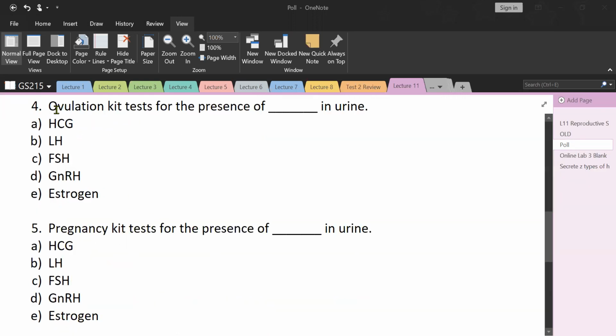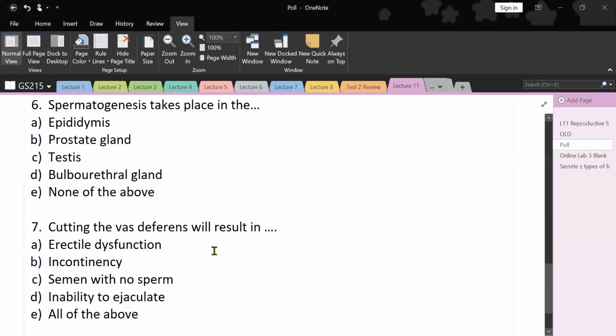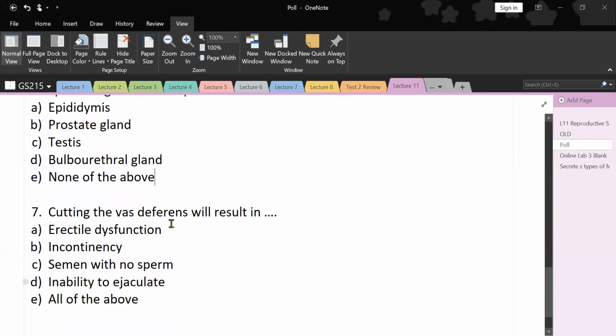Ovulation kit detects LH. Pregnancy kit detects HCG. Remember, the LH surge is the one that will trigger ovulation, the release of the egg. And pregnancy is detecting HCG, which is released by the developing placenta. So make sure you don't confuse these two on the test.